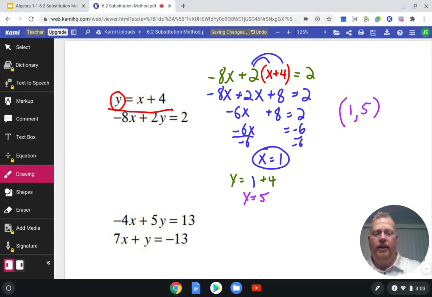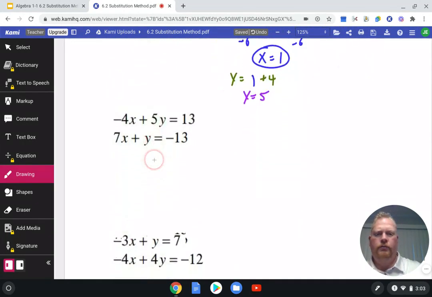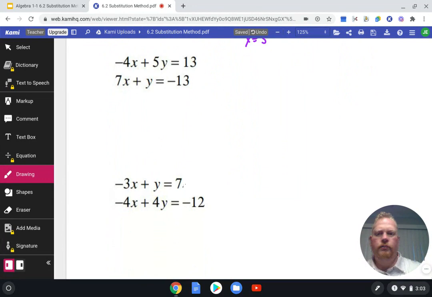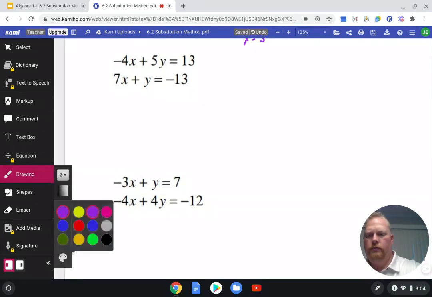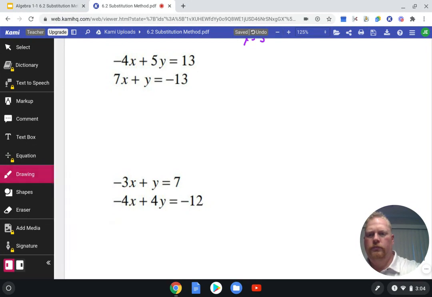Let's take a look at a second example. So step 1, get a variable by itself. Now, which of these 4 variables, the top x, the top y, the bottom x, the bottom y, which one looks to be the easiest to get by itself? Well, I'm going to say this bottom y, because it doesn't have a coefficient.